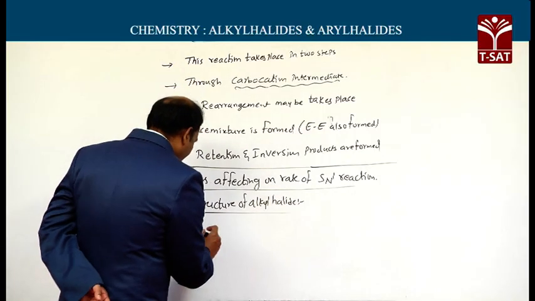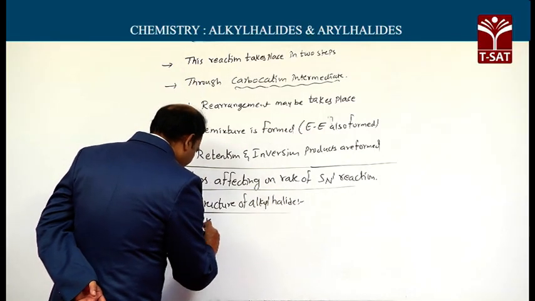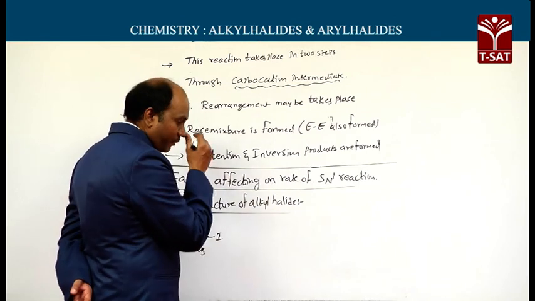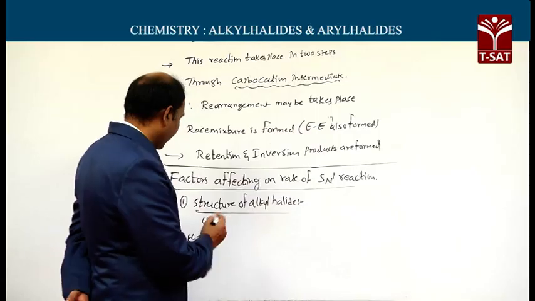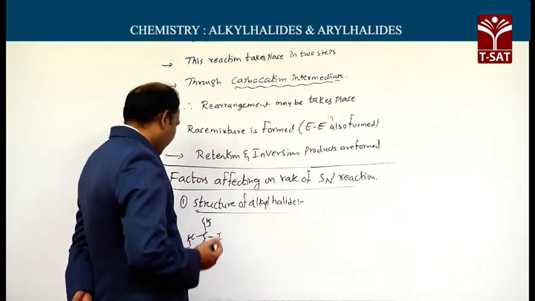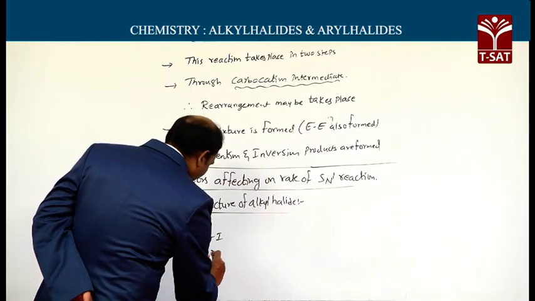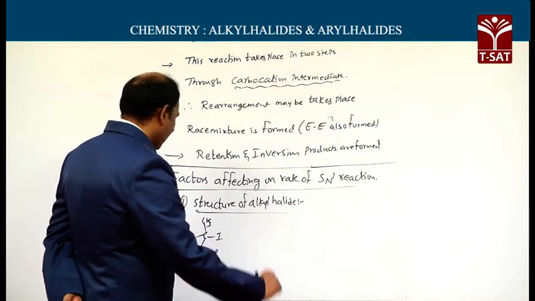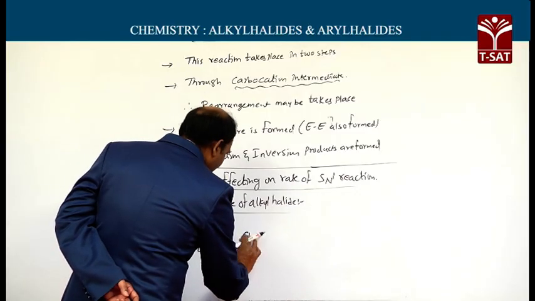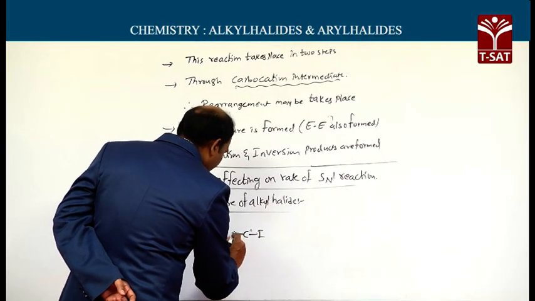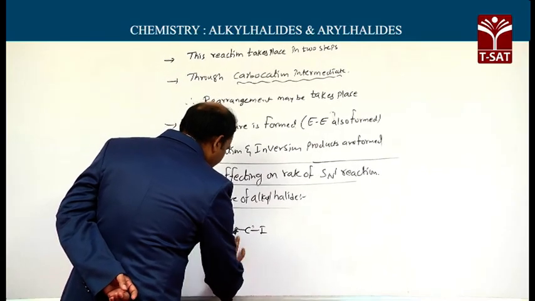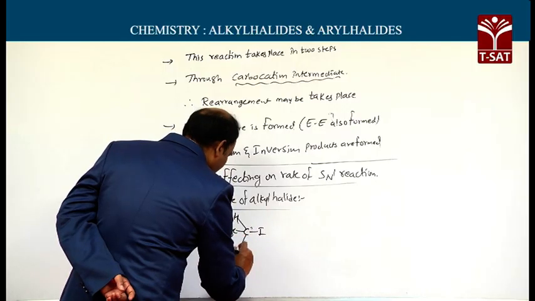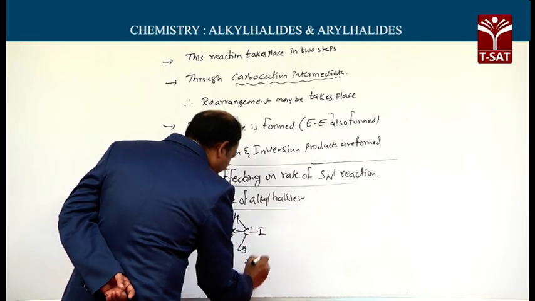See here, again let us take 4 compounds. This is CH3I. In the SN2 reaction also we took 4 compounds, similarly here. This is a tertiary alkyl halide, tertiary butyl iodide: C with three CH3 groups and I. Similarly, this one has C, H, CH3, CH3 and I, a secondary.